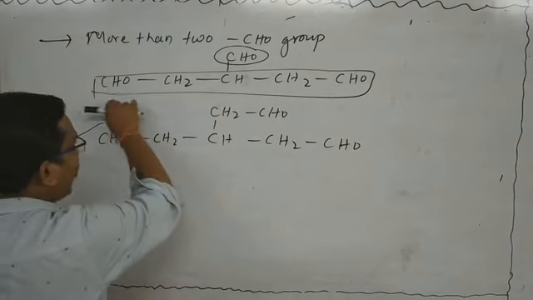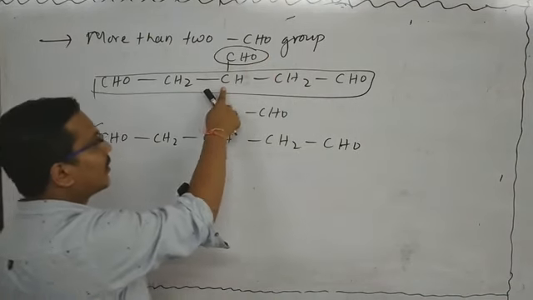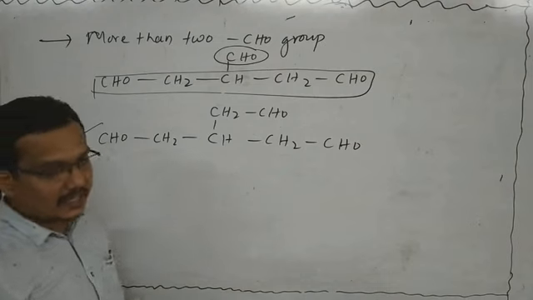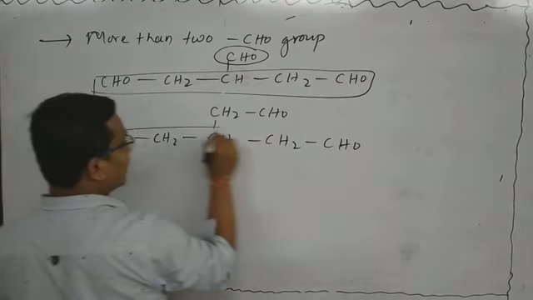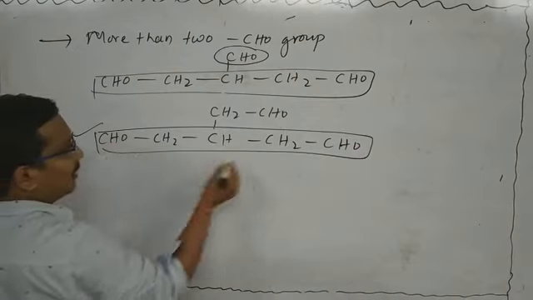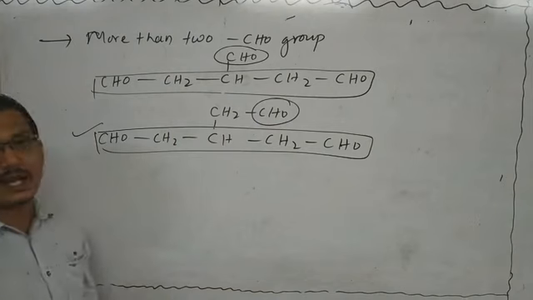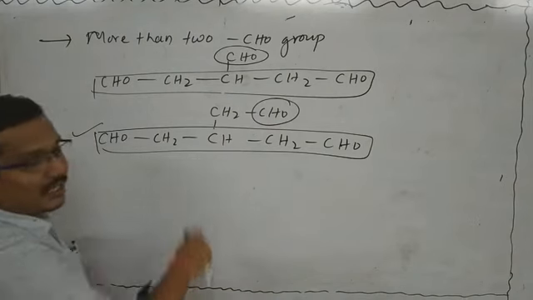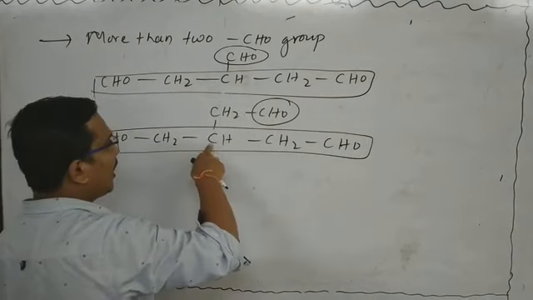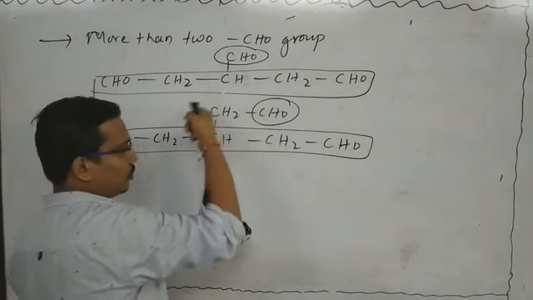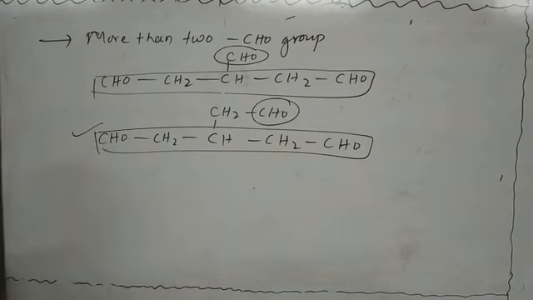But in this case, if it is your long chain, then this CHO is not directly attached to the long chain carbon. It is attached to this carbon through a CH2 group. Then what will be the name of this compound?